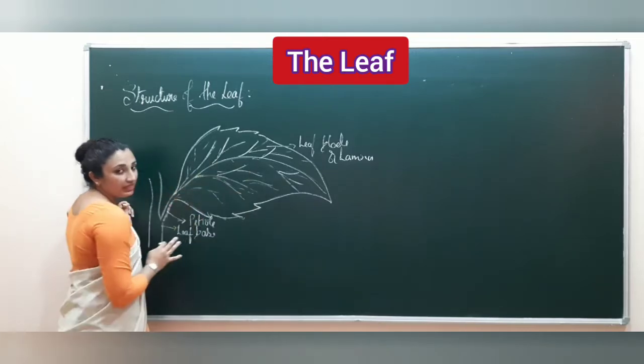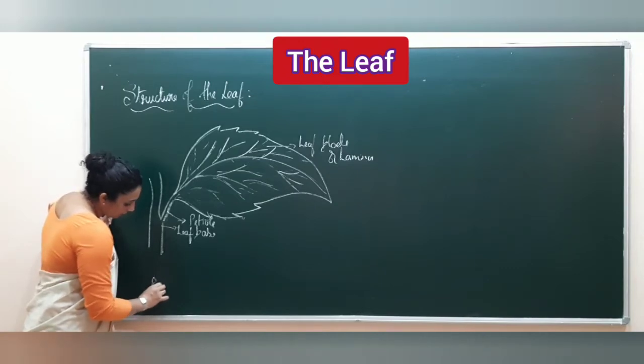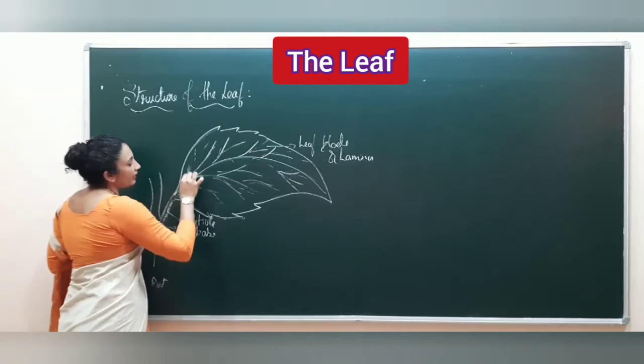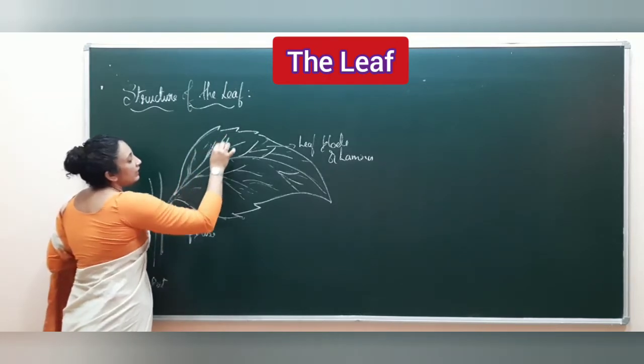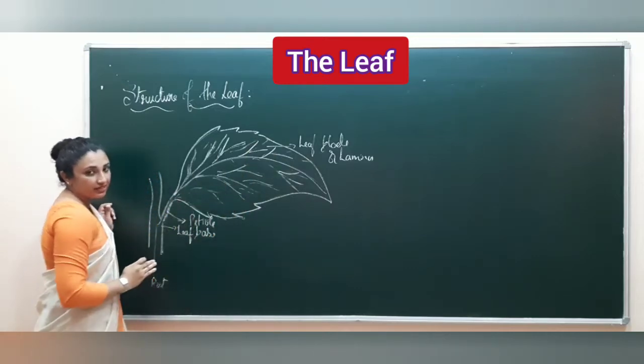That is, the veins of the leaf are very important, because the water from the root is absorbed and sent through the petiole and through the veins, so the leaf gets a supply of water throughout the leaf structure.